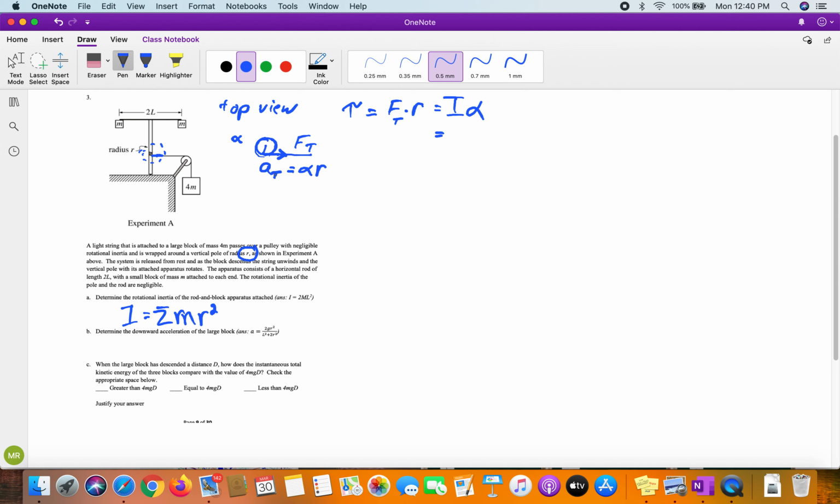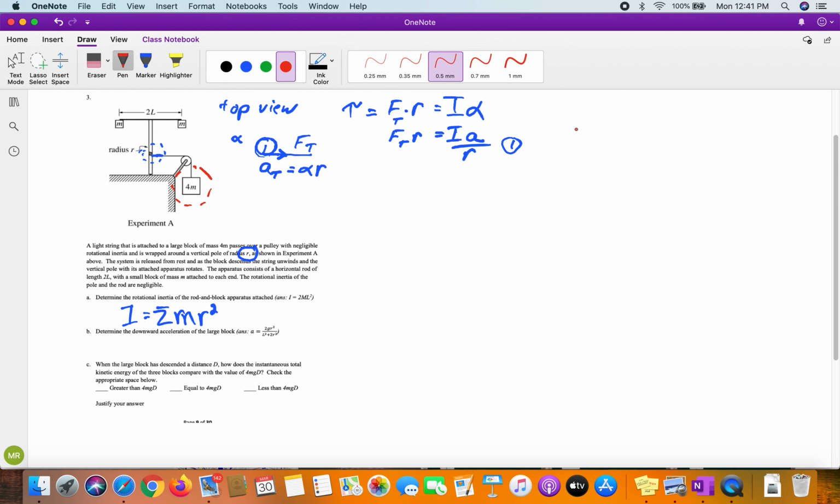So alpha times r is A tangential. So if I rewrite my expression in terms of linear terms, I get I times A tangential over r. So there, I'll call that equation 1. That's our rotational equation. Equation 2, I'll do in red.